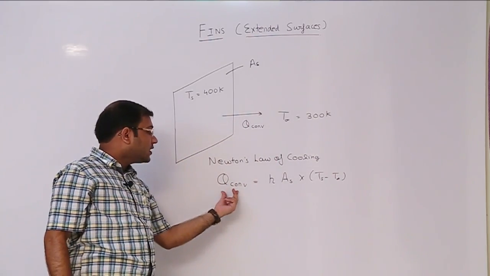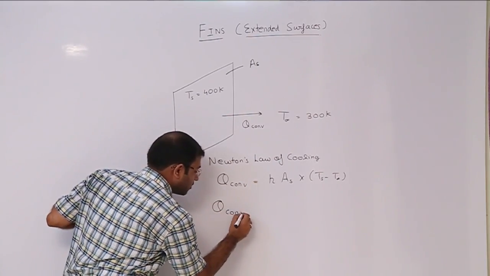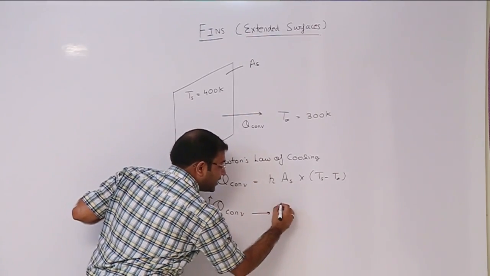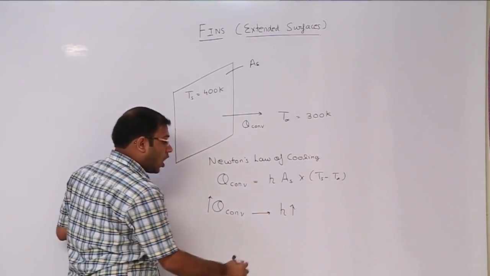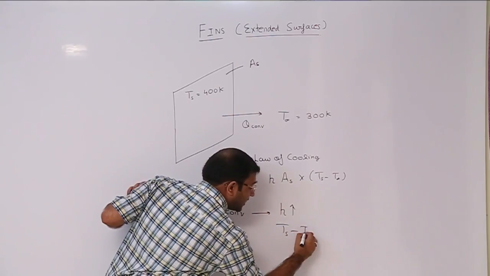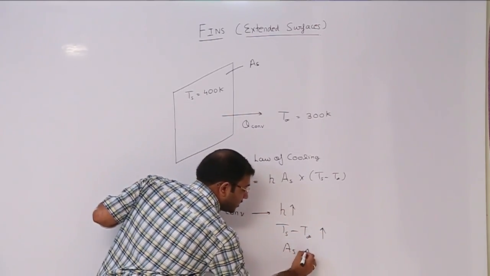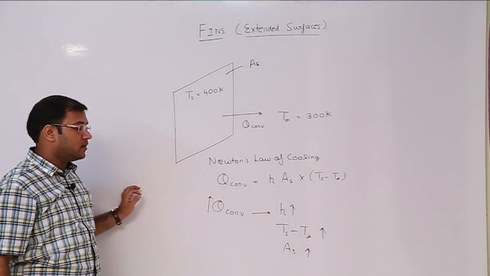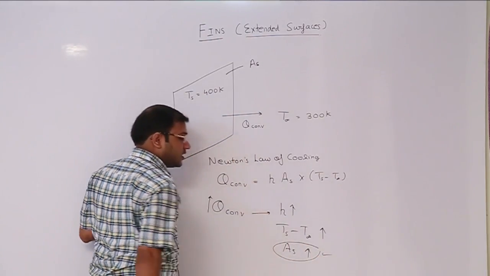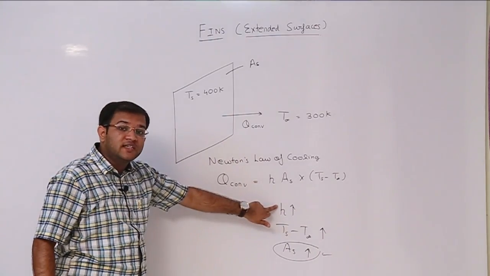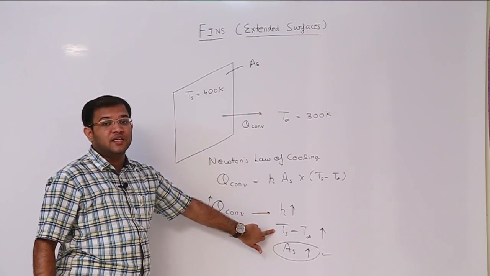So in order to increase the heat transfer rate, if we want to increase Q convection, either I need to increase the value of heat transfer coefficient h, or increase the temperature difference, or increase the surface area. Fine. See, in fins, what we do? We increase the surface area. However, we do not change our heat transfer coefficient nor our temperature difference.